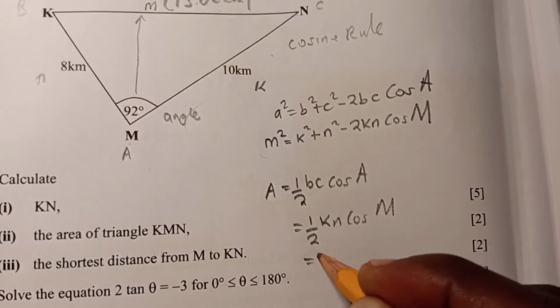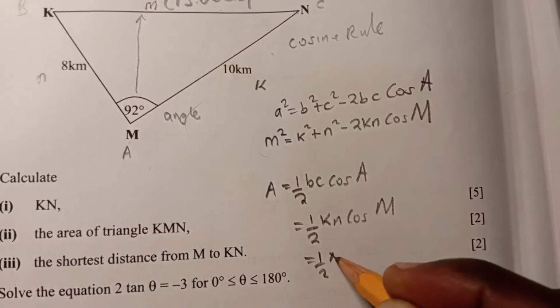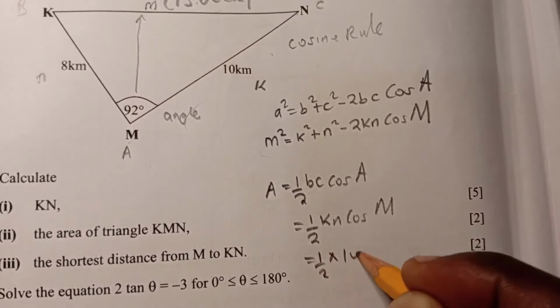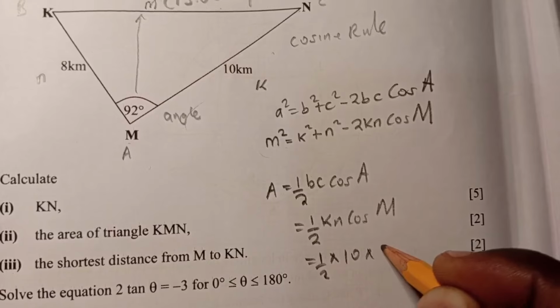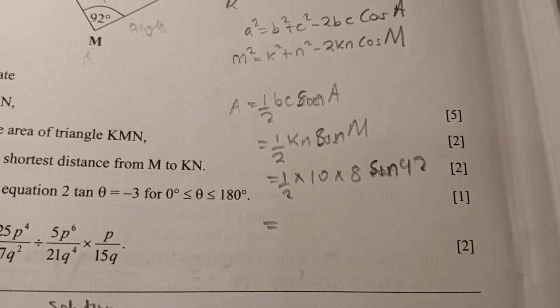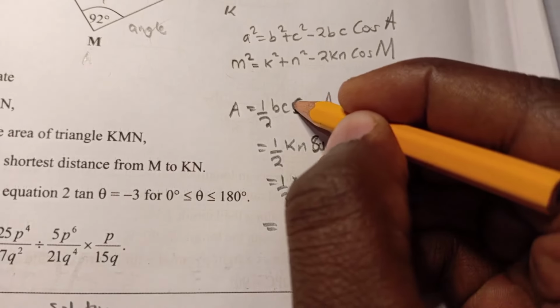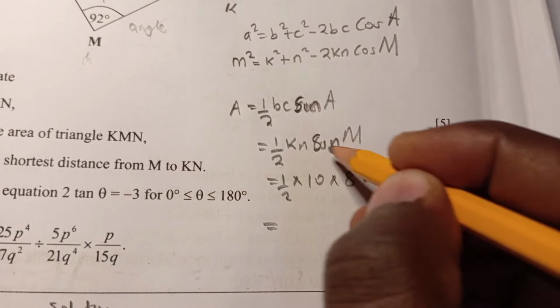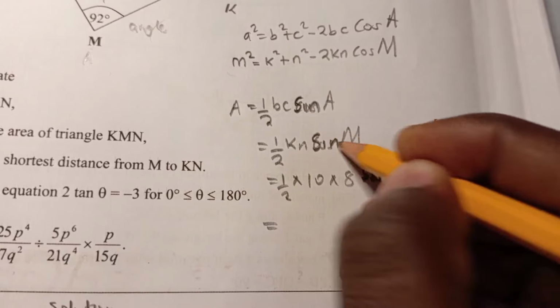So this is going to be half multiplied by k is 10, n is 8, and then cos 92. So sorry, the formula is a sine, not the cos that I'd written earlier. So it is sine.